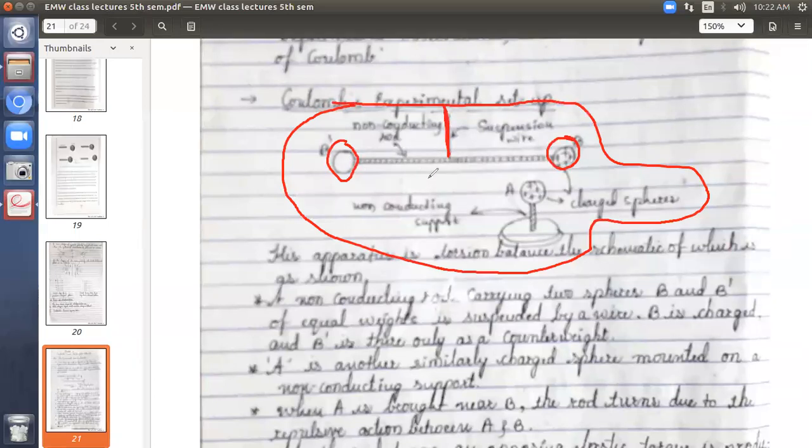If the metallic spheres are of big size, you can assume this as either a wire or a rope, which is non-conducting. This is one suspension wire just to hold this particular horizontal rod, which is tied on both ends by these spheres.